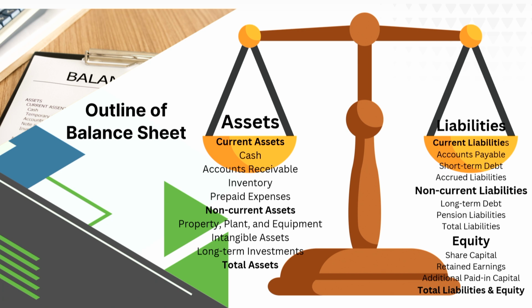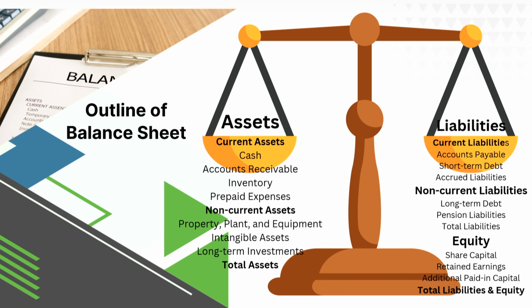When we talk about assets, we divide the assets into two parts. One is the current assets and another is the non-current assets. And liabilities are current liabilities, non-current liabilities, and the last part of the balance sheet is equity.